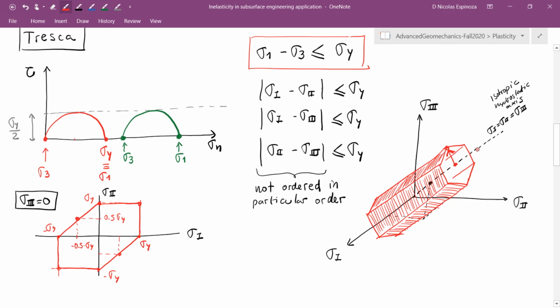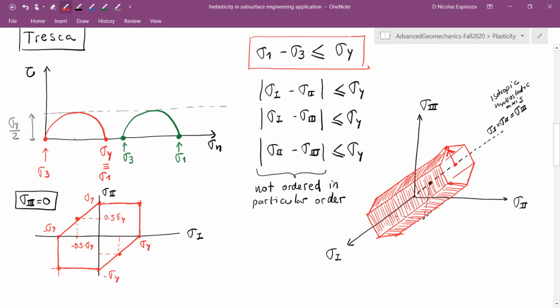It's not really how long you go along the hydrostatic axis. You can go, according to this criterion, infinitely in this direction, infinitely in the other direction, and that doesn't matter as long as you stay within the bounds of the hexagon. And here what really matters is that distance.